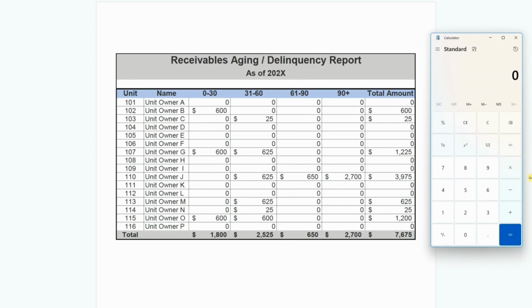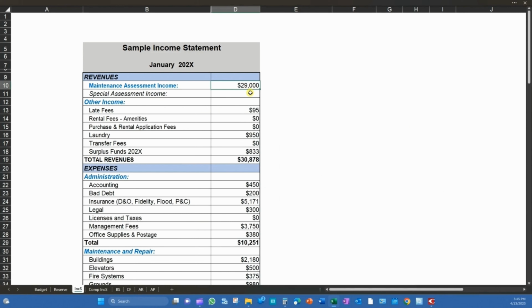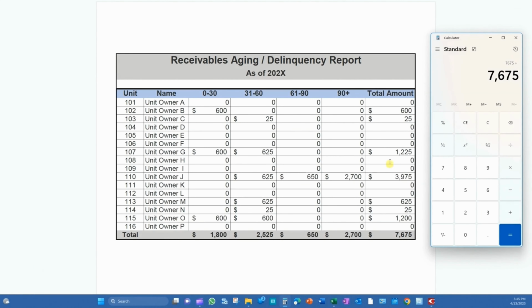For example, if a condominium association has $7,675 in delinquent assessments and $29,000 in total assessments due, the percentage of total delinquency would be calculated as follows: 7,675 divided by 29,000 times 100 equals 26.46%. This means that the association's percentage of total delinquency is 26.5%.